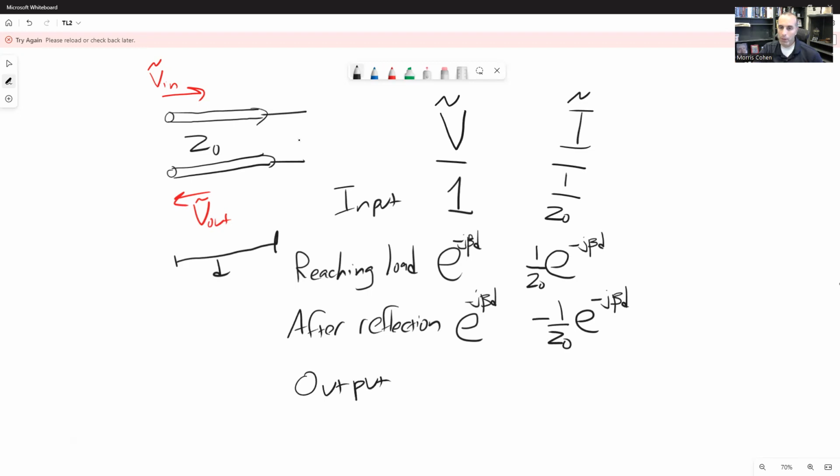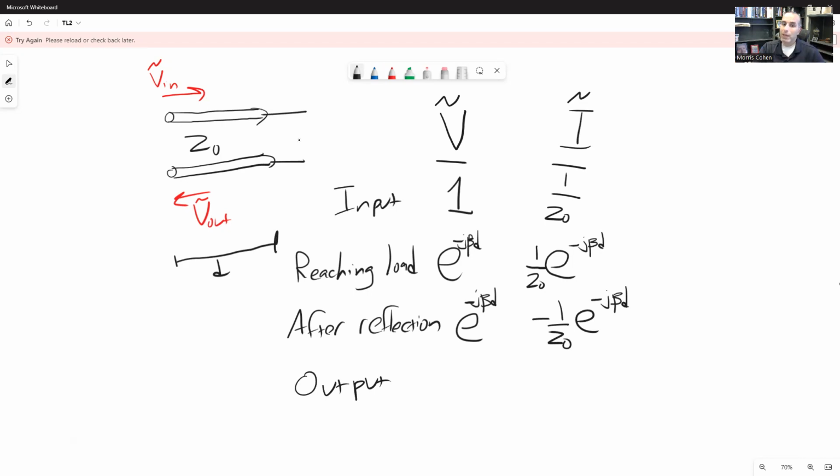So at the output here, we're going to take this e to the minus j beta d, and we end up multiplying it by another factor of e to the minus j beta d. There are two negative signs that cancel out to make that occur. The first is that the wave is now moving in the positive direction, so this e to the minus j beta d becomes a positive, but d is also changing in the negative direction, right? d goes from 0 to a negative number.